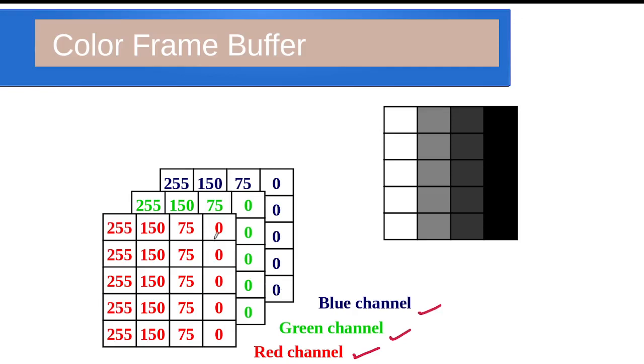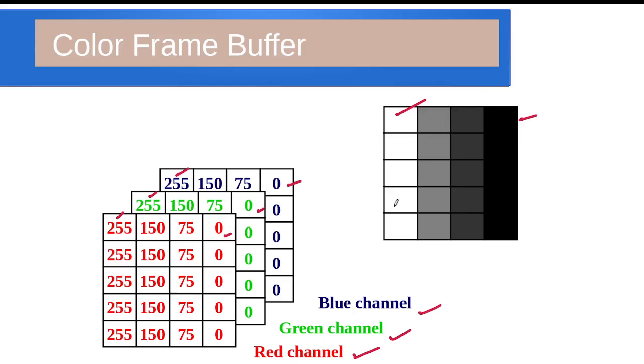So here you see red is 0, green is 0 and blue is also 0, which is making up black, and when all of it is 255, 255, 255, it is making up white color. And the combination of these intensity values will make up many other colors.